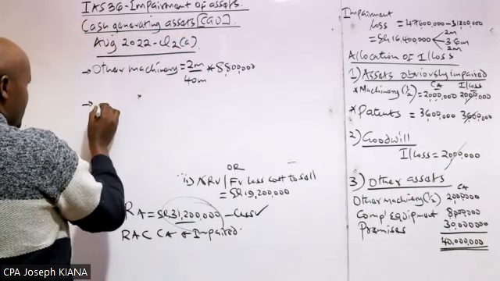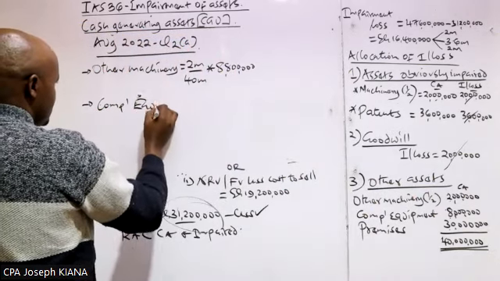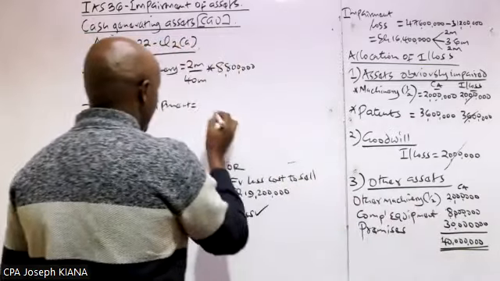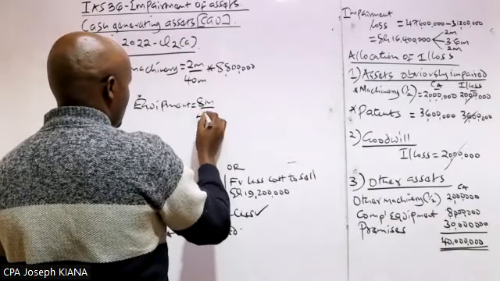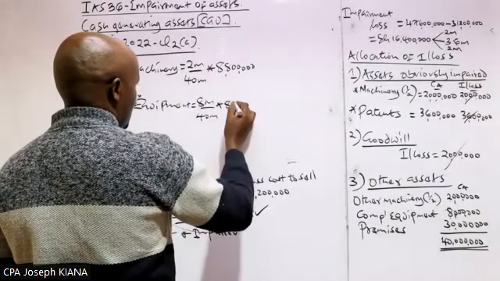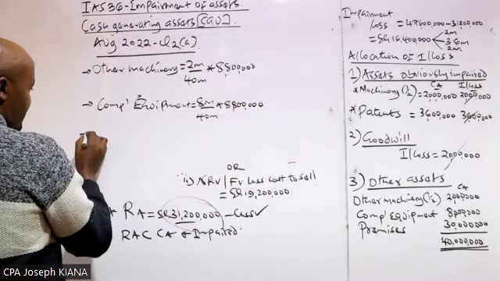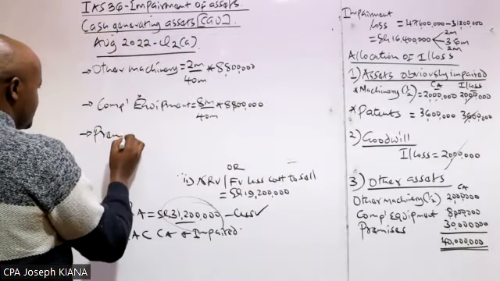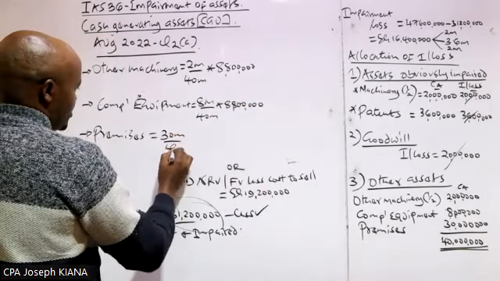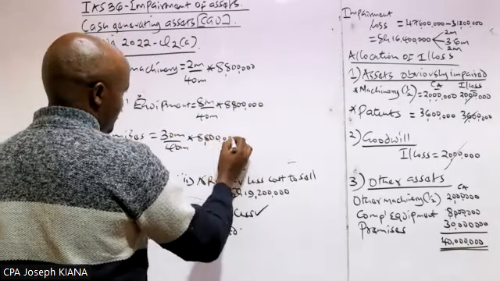That is the amount to be allocated to other machinery. What about computer equipment? We take the carrying amount 8 million, over the total carrying amount 40 million, times 8.8. Then finally we have premises, which is 30 million over the total carrying amount 40 million, times 8.8.